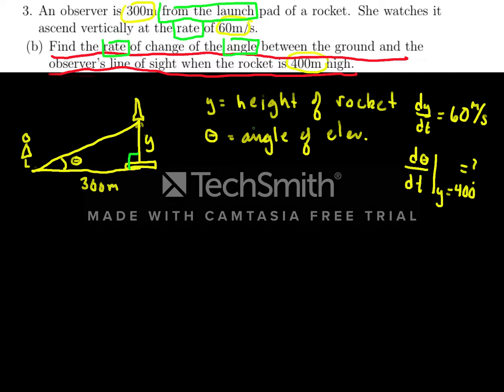So we've organized, and now we need to relate our variables. What is the relationship between theta and y? Well, we still have a right triangle and an angle, so we have our trigonometric identities. Since the opposite side is a variable and the adjacent side is a constant, the best trig function here would be tangent, because tangent is the ratio of opposite over adjacent.